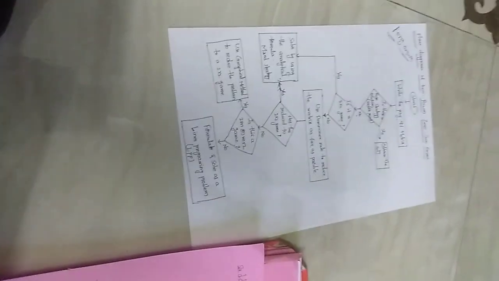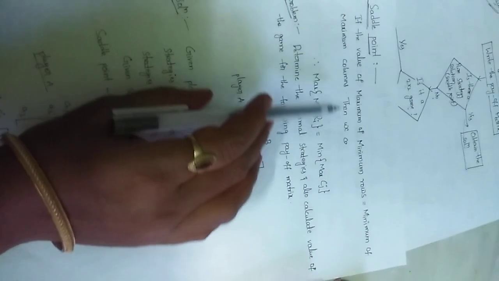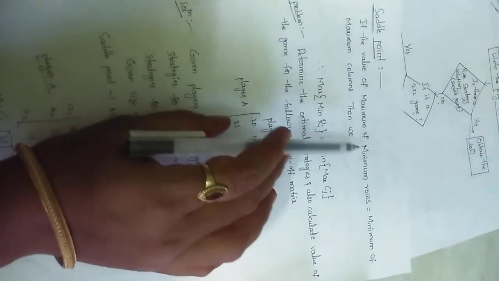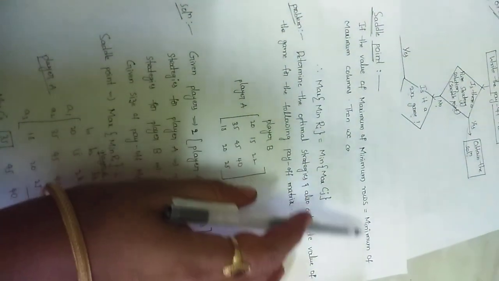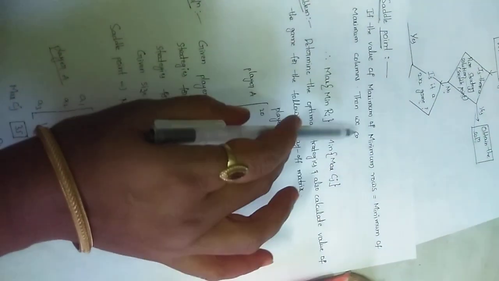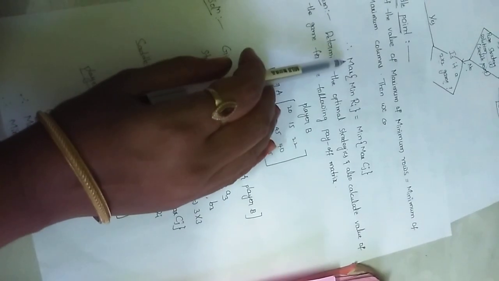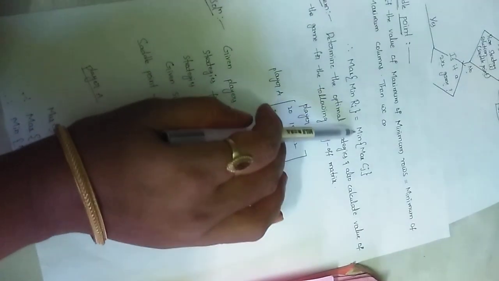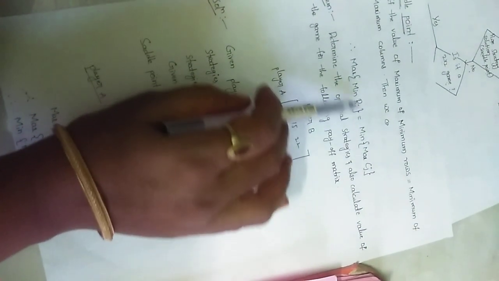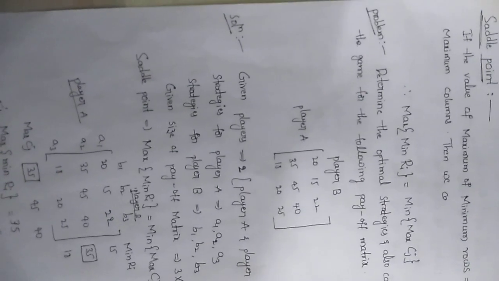Okay, next, saddle point. If the value of maximum of minimum rows is equal to minimum of maximum columns, then it is called a saddle point. Maximum of minimum Ri is equal to minimum of maximum Cj. That is the formula. Next, we have a problem here.